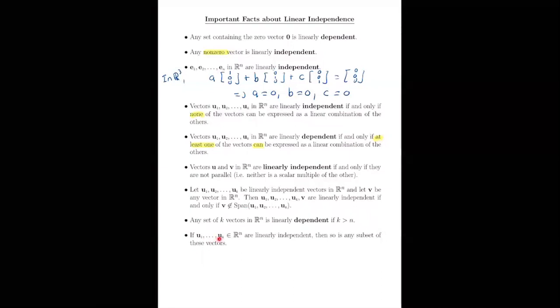And the last one here: if you have a set of independent vectors, U1 up to UK, then any subset of these vectors will also be linearly independent. So for example, let's say k happened to equal 5, then I would have U1, U2, all the way up to U5 being linearly independent.